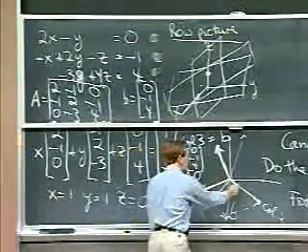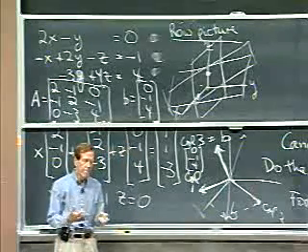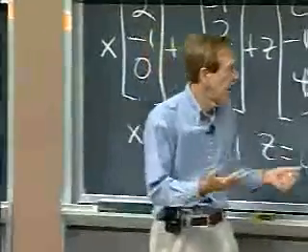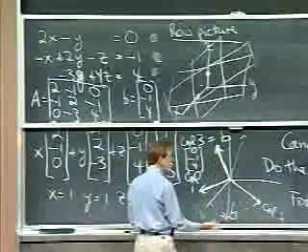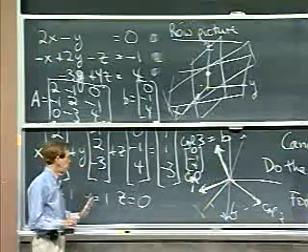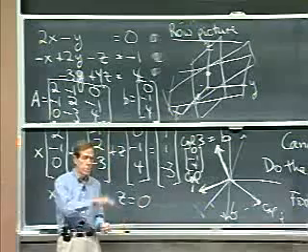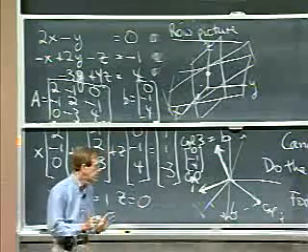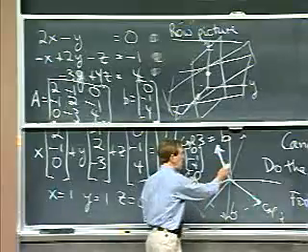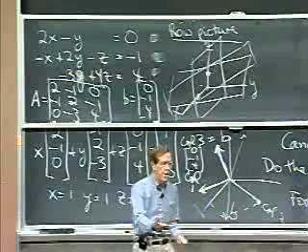For example, if column 3 is just the sum of column 1 and column 2, that would be a matrix A where the answer would be no. I don't get anything new from column 3.